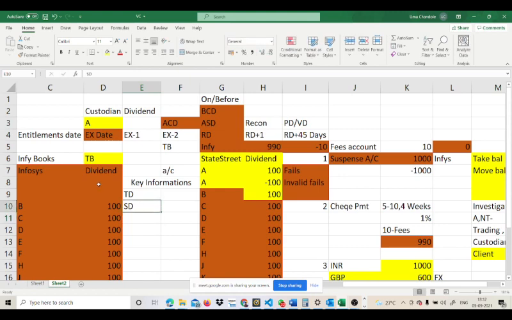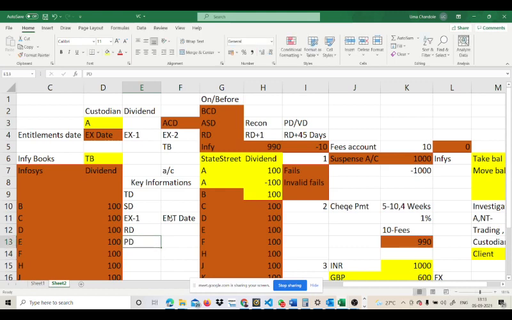Because on the settlement date also you can match the positions and you can easily find out the discrepancy in the position breaks, right? Then the other points are the X date, record date, X minus 1 is like entitlement date, and payment date.